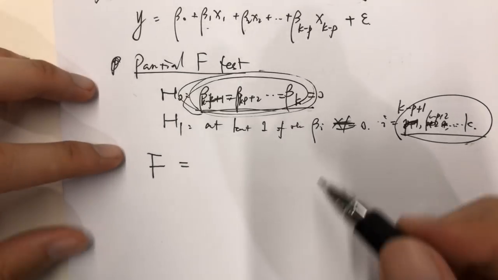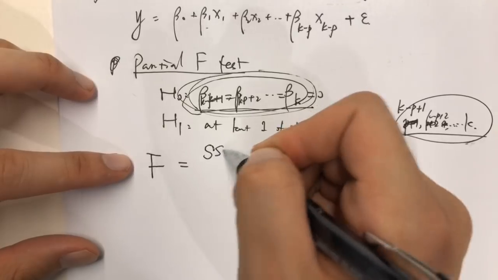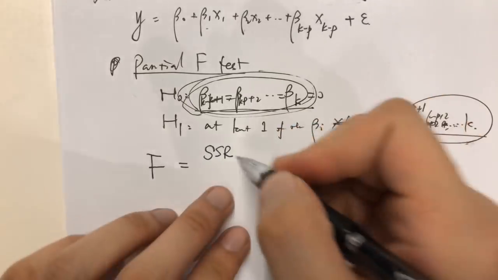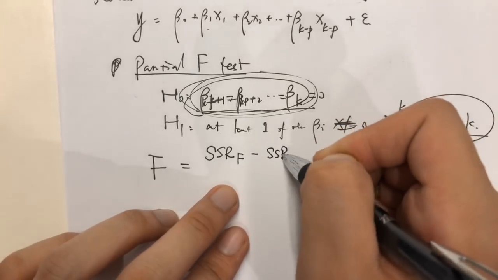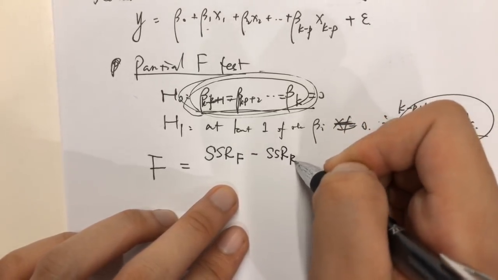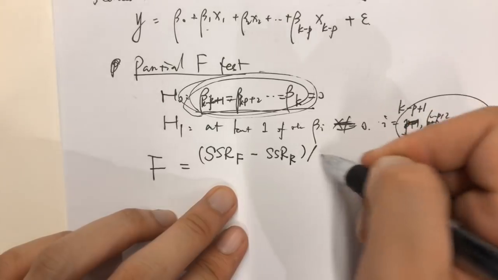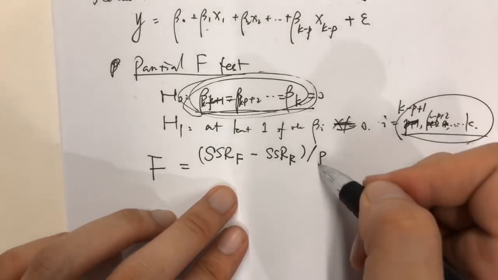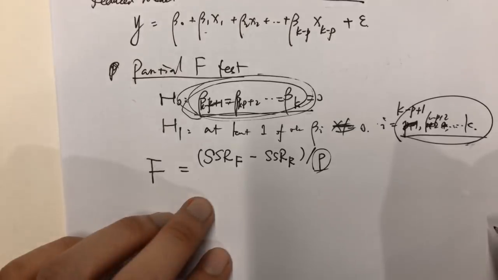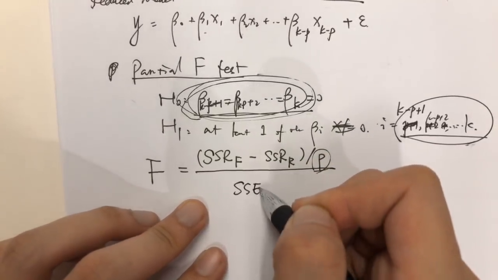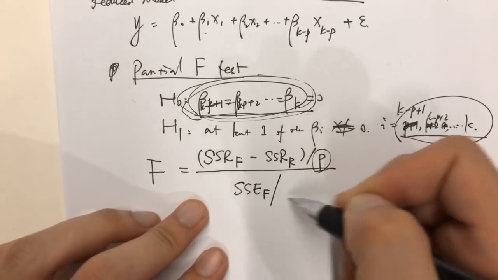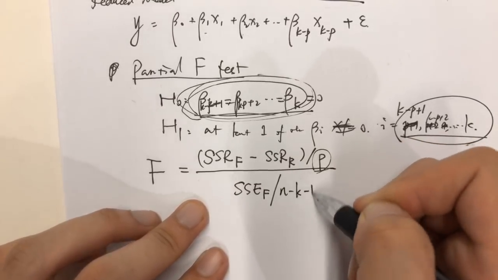You use the SSR of the full model minus the SSR of the reduced model, divided by the number of reductions, which is p, and then divided by the SSE of the full model divided by n minus k minus 1.